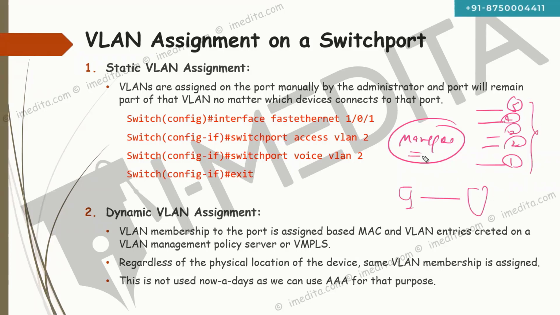I want that this manager should always get the same VLAN membership no matter where he connects himself. Why? Because for that particular VLAN, we have applied some policies, and based on the policy, this manager's traffic has to exit in the network.